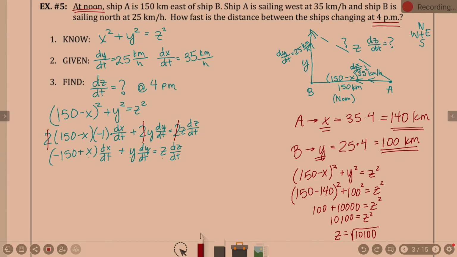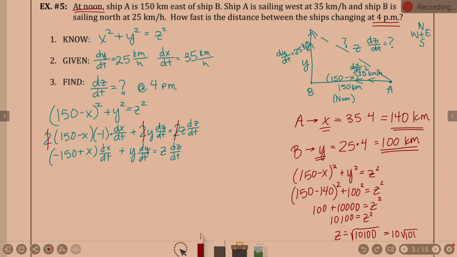I know when I checked against the answer key, the answer key said 10 square root of 101 on this. It's whatever, okay? They're equivalent.